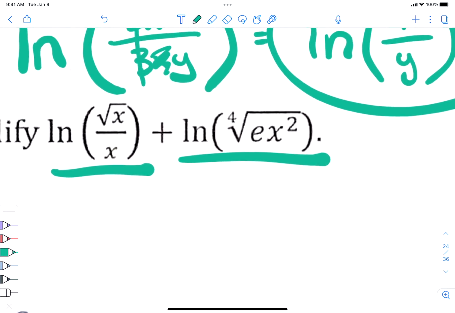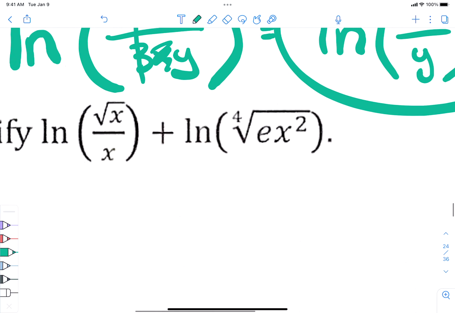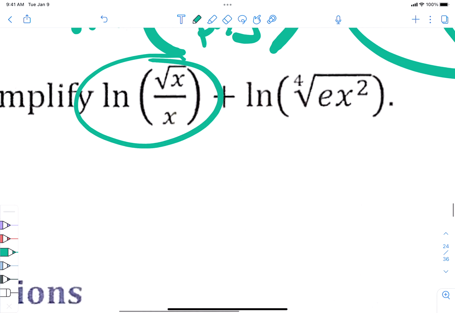Okay, so we're going to put stuff together here. This is ugly. Rather than putting this together, I'm going to break it apart a little bit more because it's kind of all messy, right? Let's break it apart. Okay, so this stuff right here, if I break that apart, division means you are going to subtract.